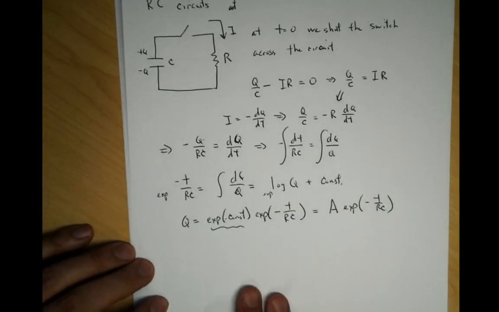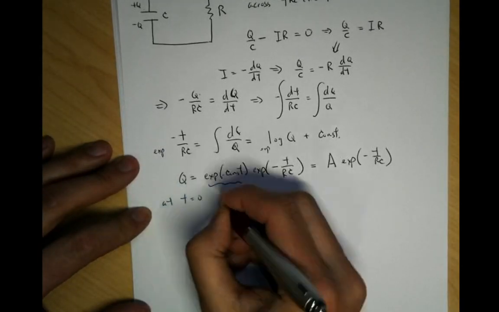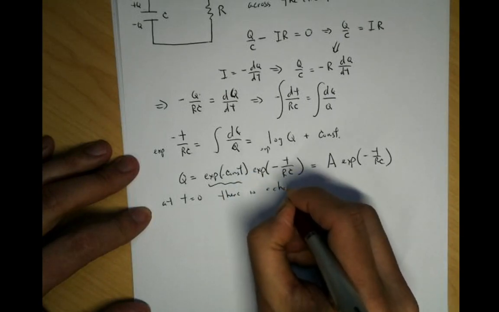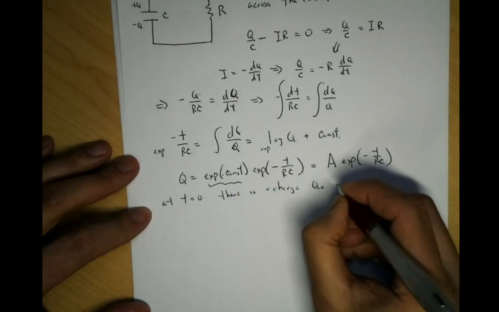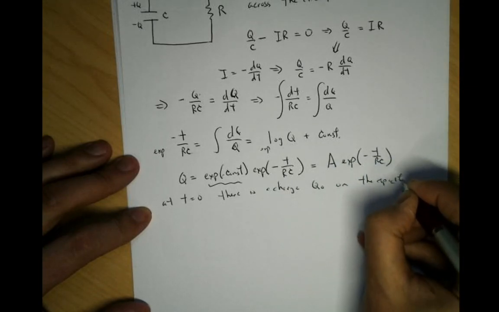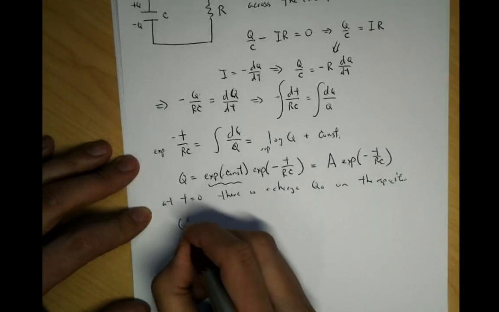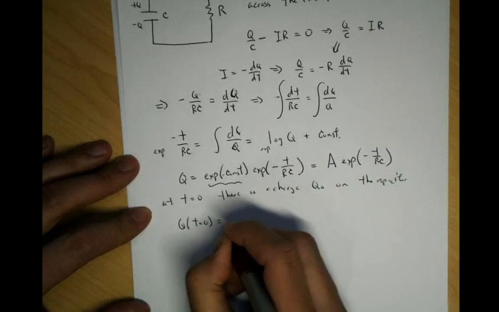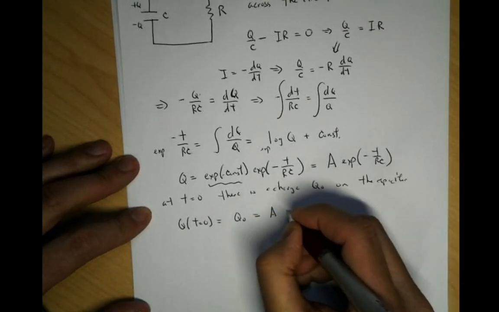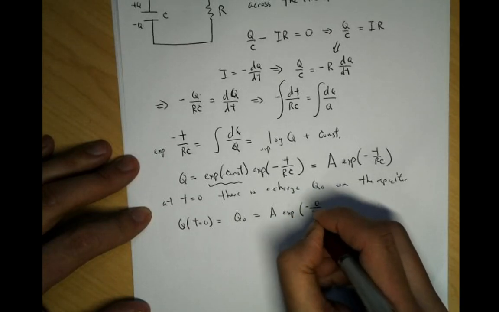So now you need to know one thing, right? At t equals 0, there is a charge Q0 on the capacitor. So let's plug in t equals 0. So Q at t equals 0 is equal to Q0, which is equal to A exponent minus 0 over RC.